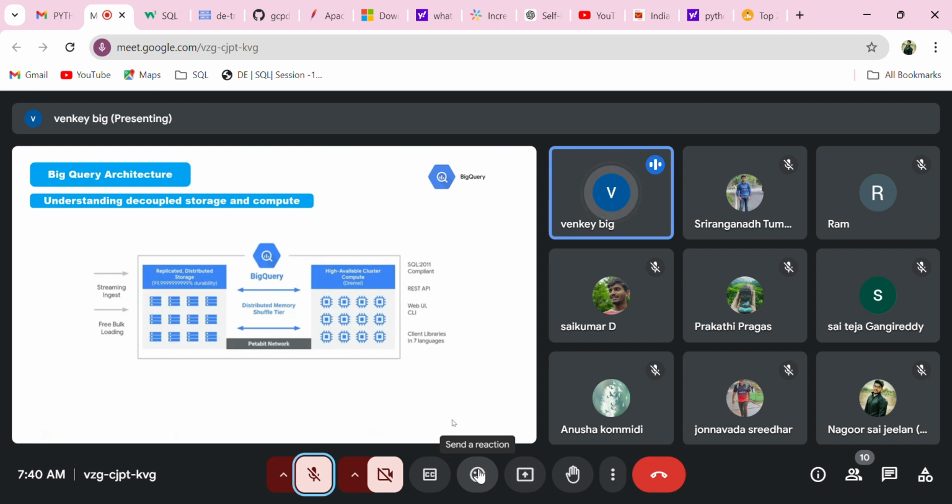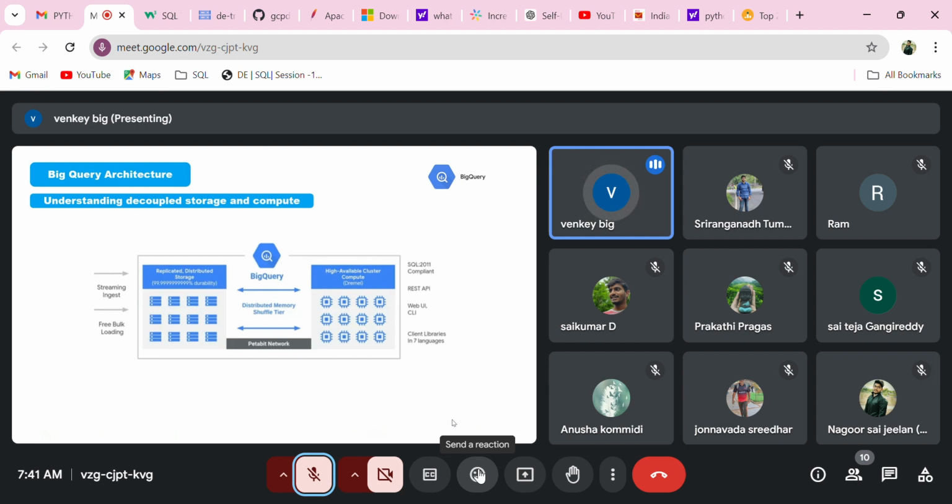You feel that data and compute are in a single place, right? But how is it possible? It is possible because of the technology implemented in between storage and compute. That's where you have a very high speed petabit network connecting your compute and storage.